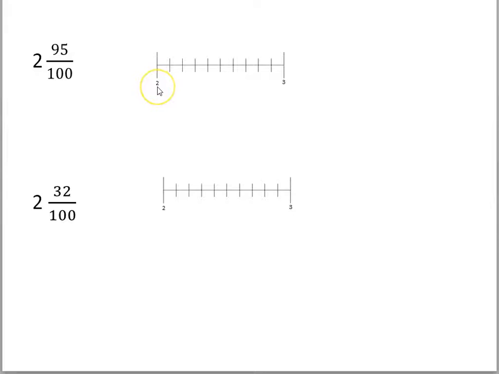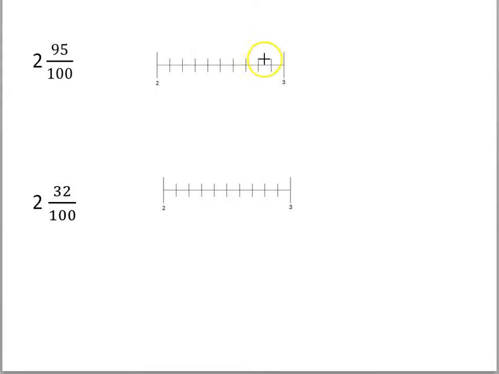So I'm going to count by tens: 10/100ths, 20/100ths, 30/100ths, 40, 50, 60, 70, 80, 90/100ths. So there's 2 and 90/100ths, but I need 95, which is just a little bit further, right in the middle.